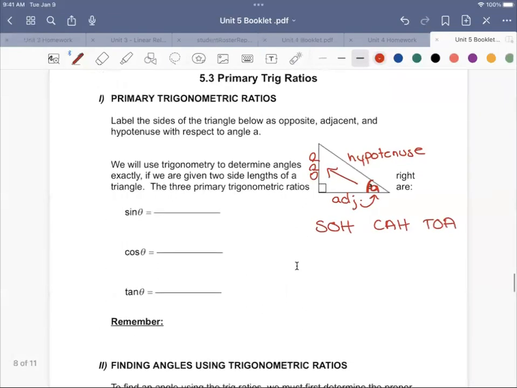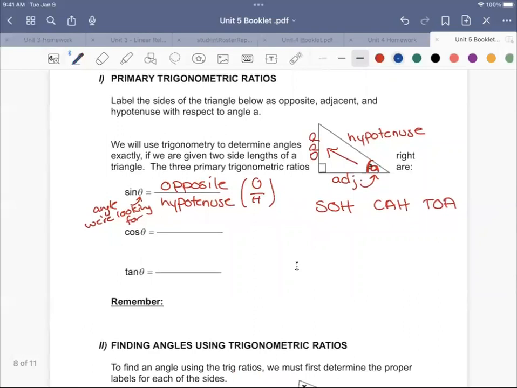What we have to remember is that the sine of the angle that we're looking for is equal to the length of the opposite side over the length of the hypotenuse. So we get O over H.